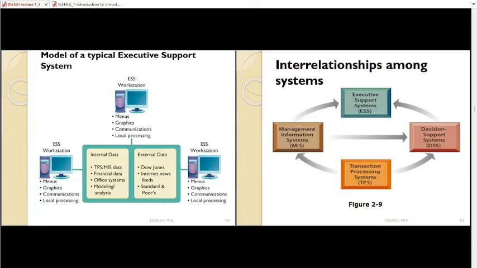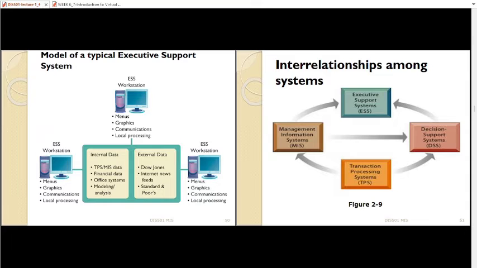Now, if you look at the ESS, it's executive support system. There's a diagram here that shows us where it's getting the data from, because I said we're talking of internal and external. If you look at internal, from the transaction processing system, from our MIS, or from our DSS.